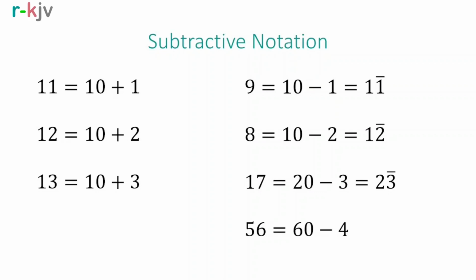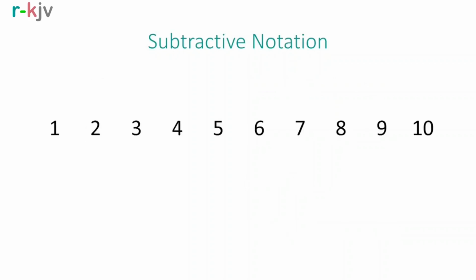It is an equivalent of 60 less 4, a value expressed as 6 bar 4. It is possible for every digit of any number system to be represented in Vinculum notation. The numbers 1 through 9 can be represented in Vinculum format like this.